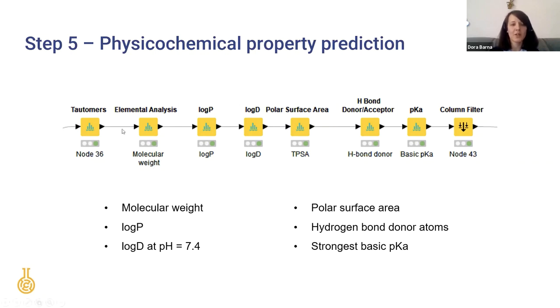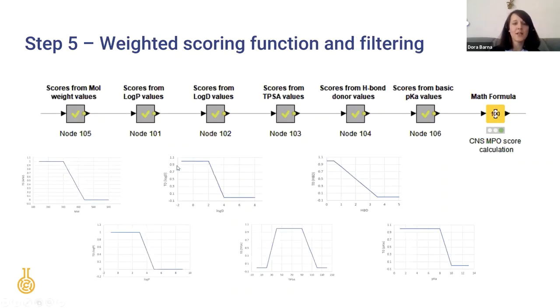First, we are going to generate the major tautomeric form of the virtual compounds to be used for the upcoming calculations. And once we have calculated these properties for the molecules, we will transform them into score values or score contributions by using various scoring functions that you can see here.